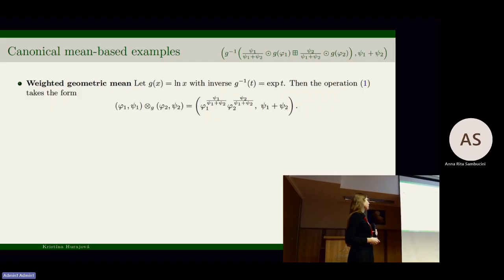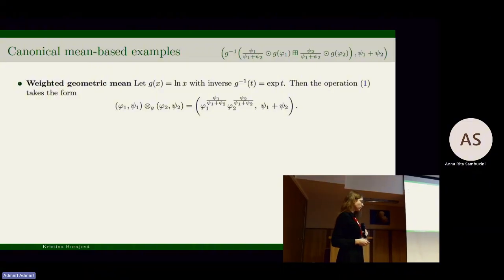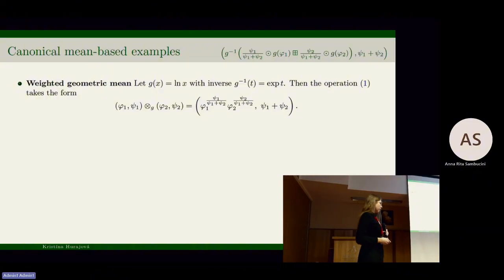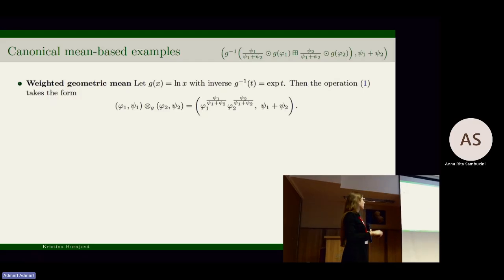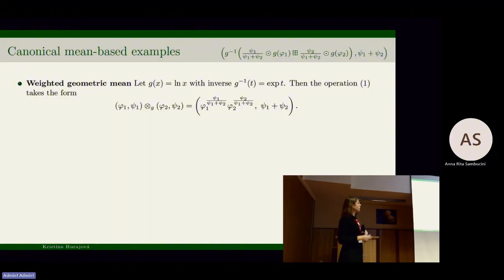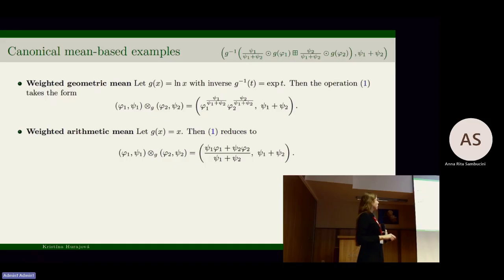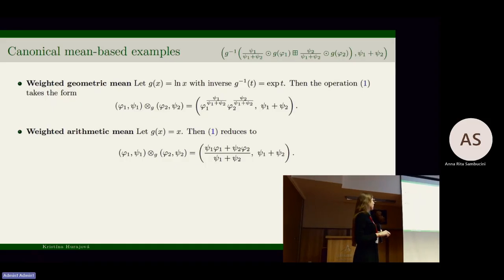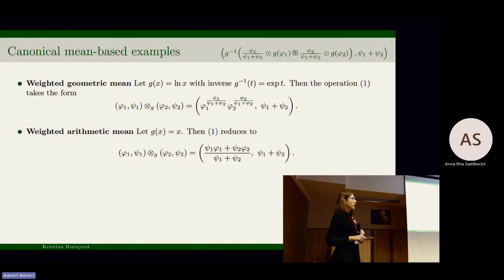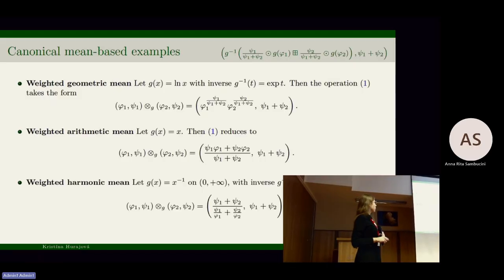And finally, this example shows that choosing generators fixes the aggregation scale. Logarithmic aggregation leads to the weighted geometric mean, and it fits the Weber-Fechner law and pitch perception. Using identity leads to the weighted arithmetic mean, and it corresponds to linear physical superposition.